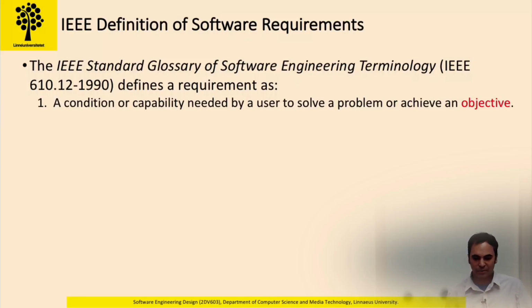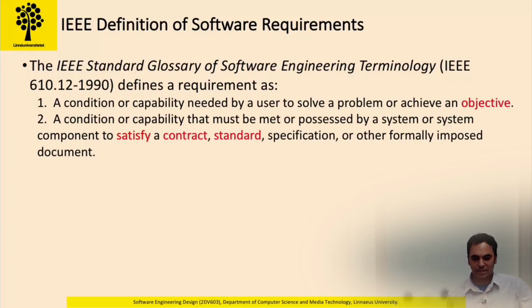So it defines requirements as a condition or capability, and those are basically known as objectives to the system. So those objectives are the condition or capability needed or required by the user. Then requirements are also conditions or capabilities that a system should have, but the system also has to satisfy the contract or the standard.